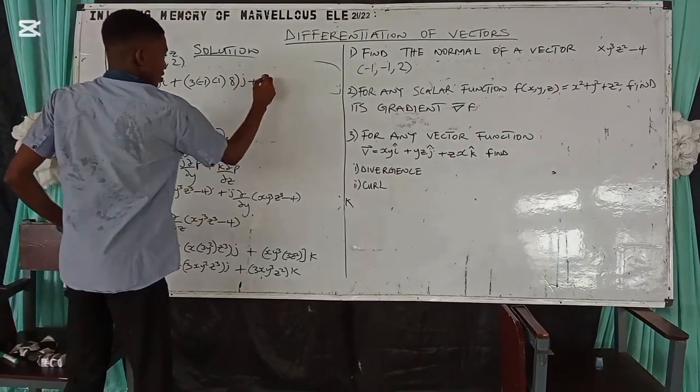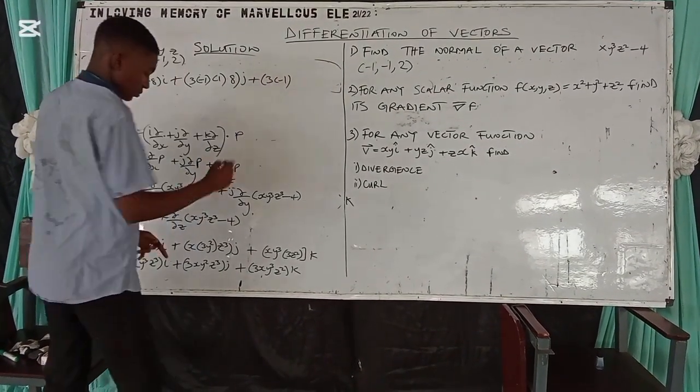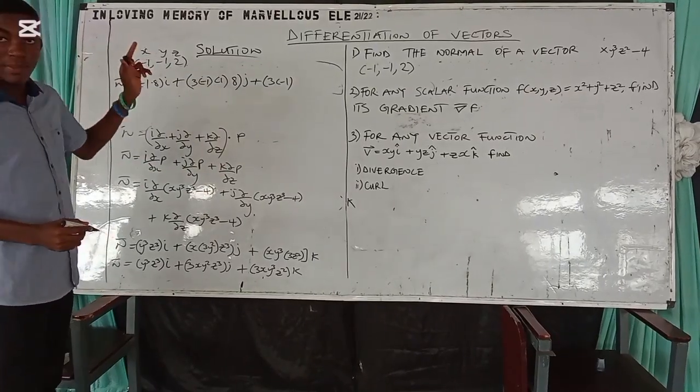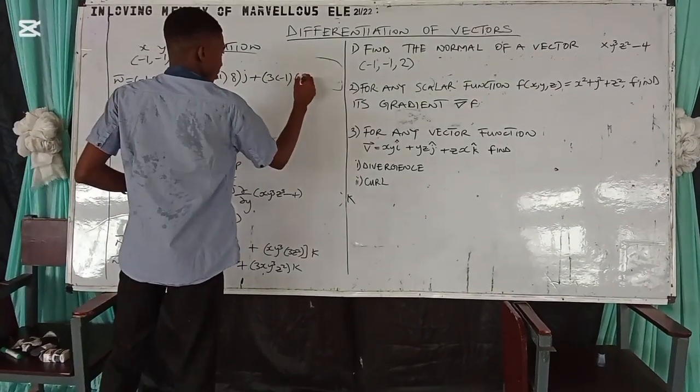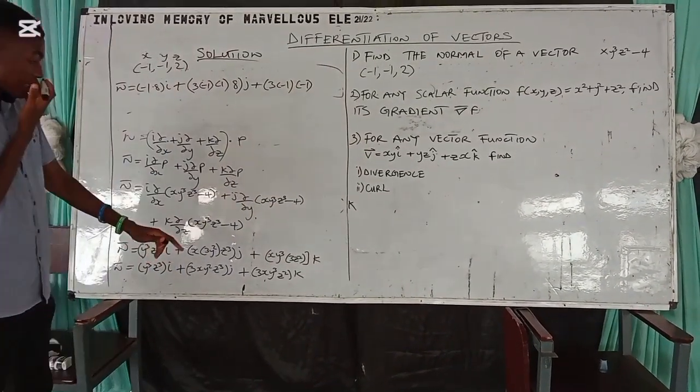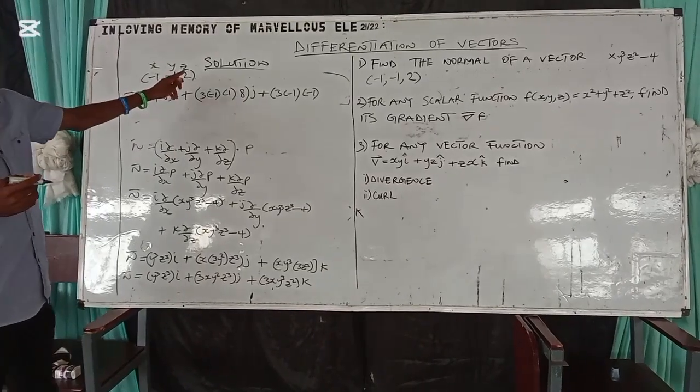Plus 3 times x, which is minus 1, so 3 bracket minus 1, y cubed: y is minus 1, and minus 1 cubed is minus 1. Z squared: z is 2, and 2 squared is 4.